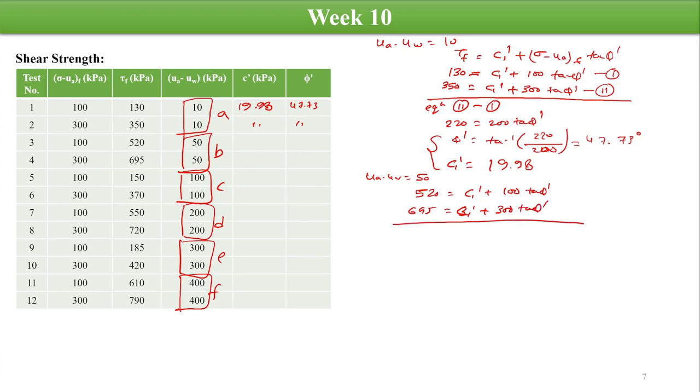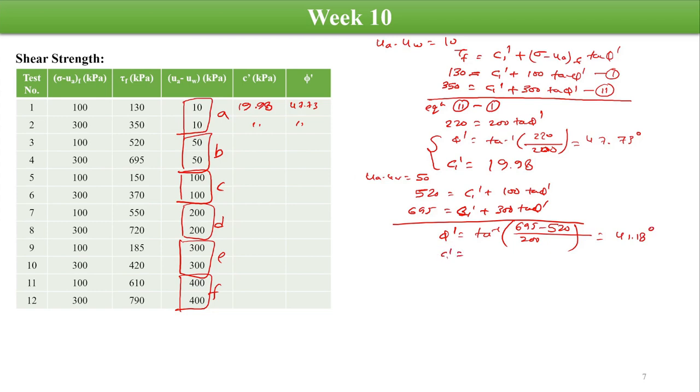Solving these two, phi dash will be equal to tan inverse of 695 minus 520 divided by 200, and tan inverse of the answer is 41.18 degrees.